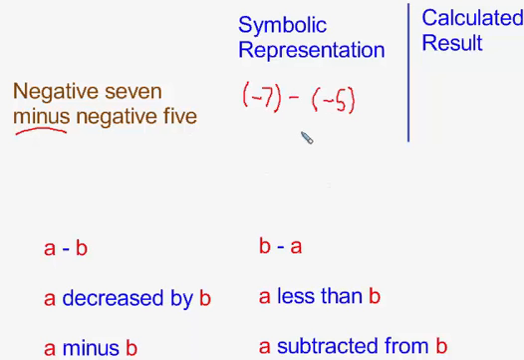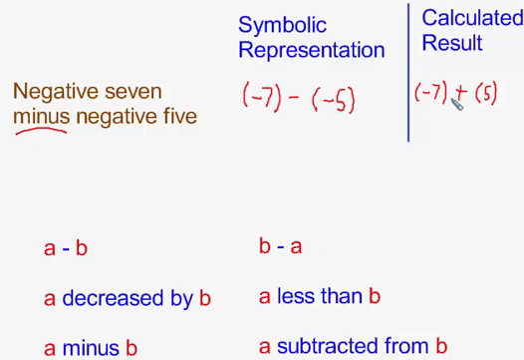To calculate the result, one way to do this is to leave the -7 as it is, change the subtraction to an addition problem. I changed the minus symbol to an addition, but then you also must change the sign on the second number. So this would change to a +5 because it's currently a -5.